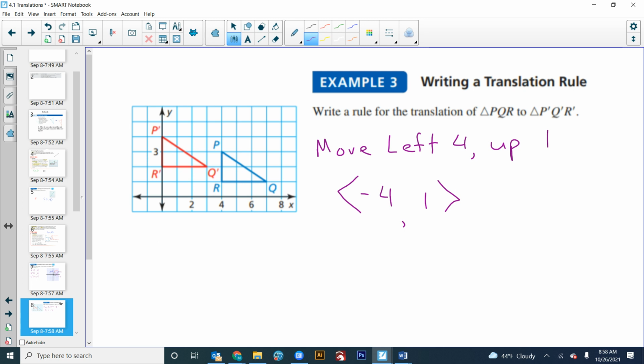Good. And obviously the main thing to catch there is that you're seeing where the original P is, and then that P prime is the new one. That gives you the direction. Otherwise, you probably had +4, -1. Right? That'd be the opposite. That would not be correct. Make sense?